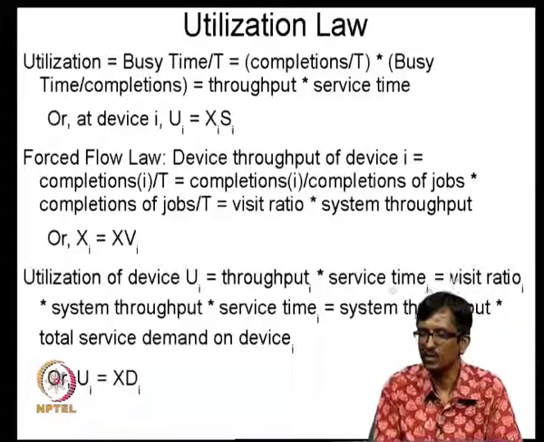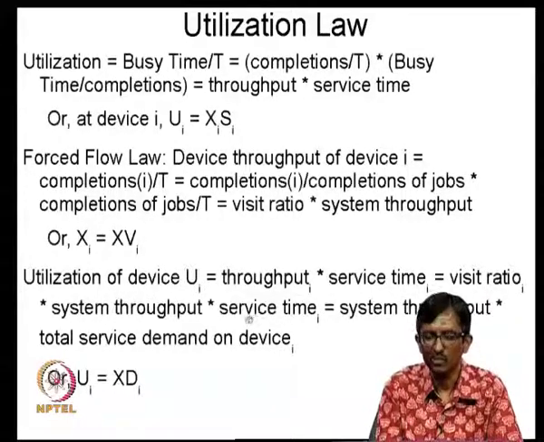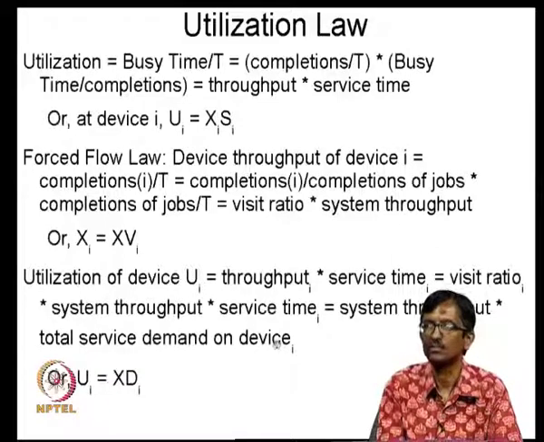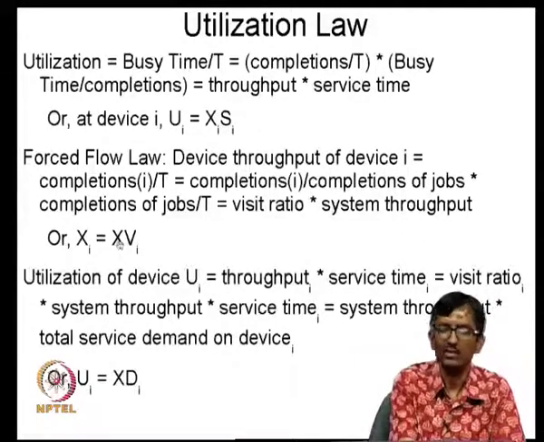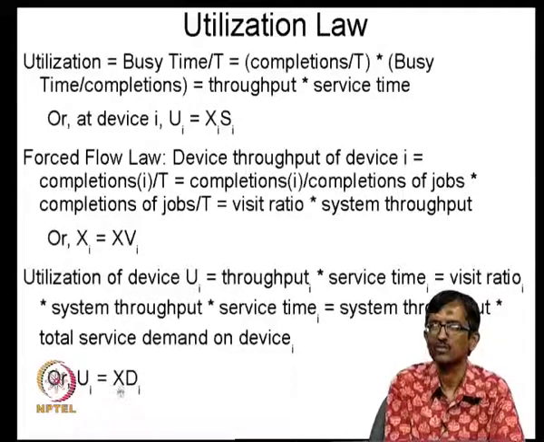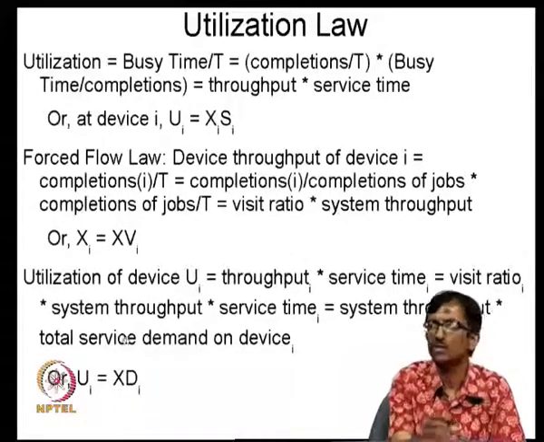That is, I visit a device visit ratio number of times, and every time I ask for some amount of time at the device. So visit ratio V_i into service time is basically the total service demand on the device. So the utilization is decided by the total demand on the device multiplied by the throughput of the system itself, X.